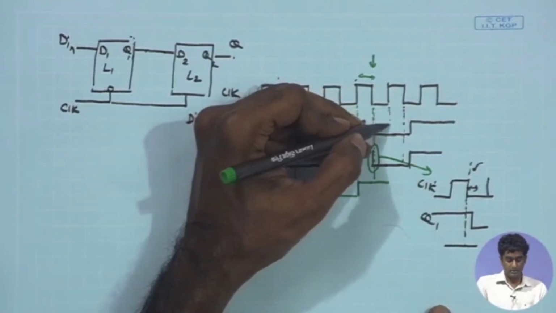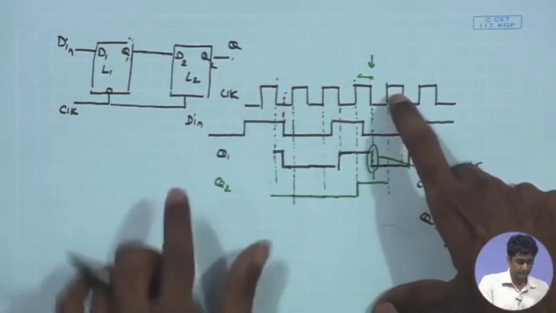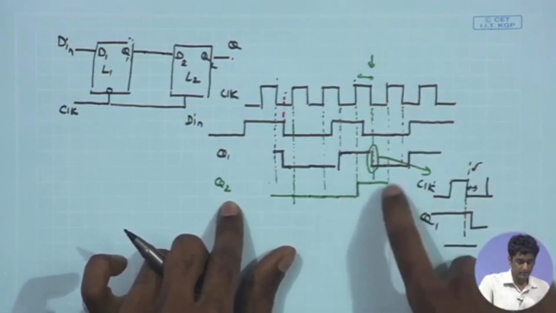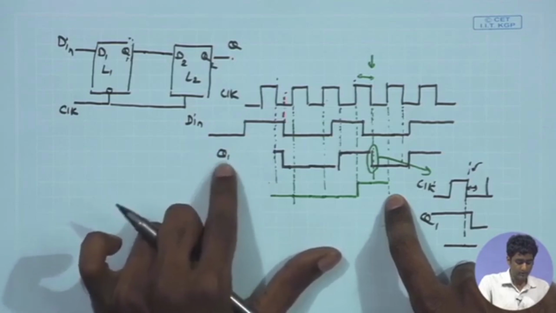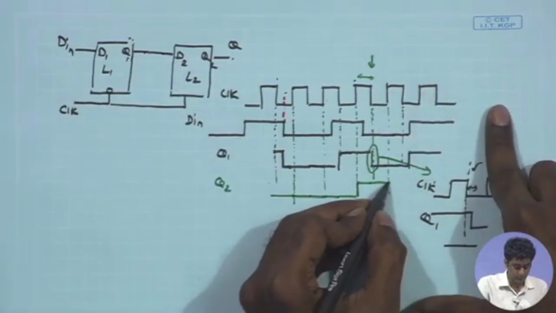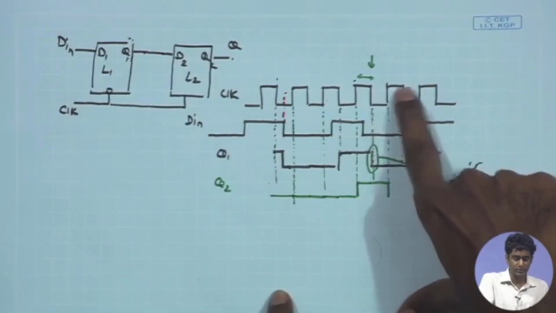And at this point, once again you have the positive transition happening, Q2 becomes transparent again. As a result, once again it will be copying the value of Q1 that is available at the input during this positive phase, and therefore Q2 makes a transition once again at this positive edge, because it is transparent only during the positive phase.